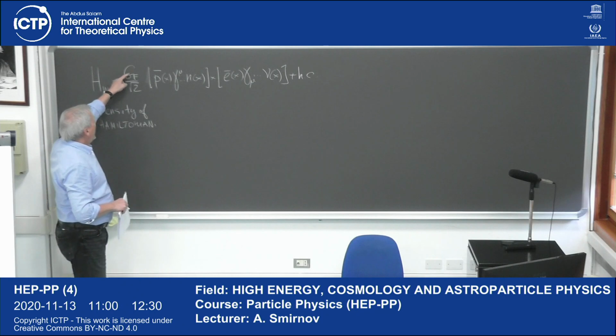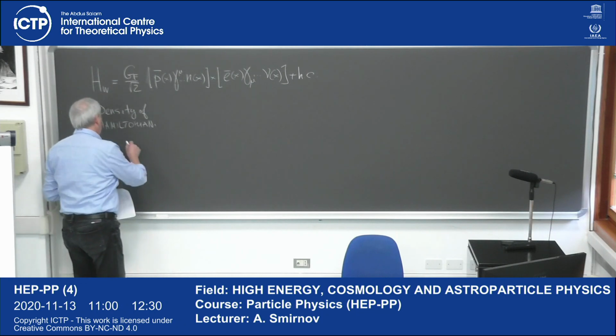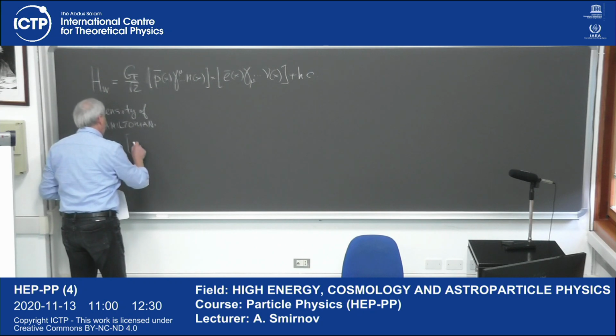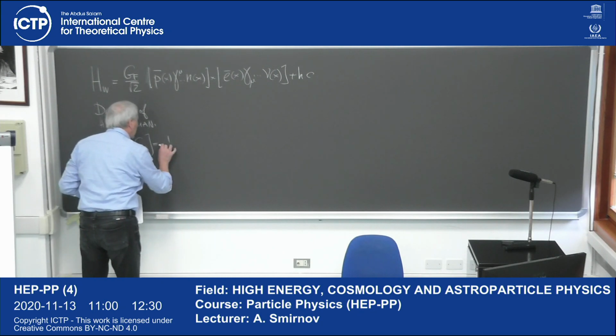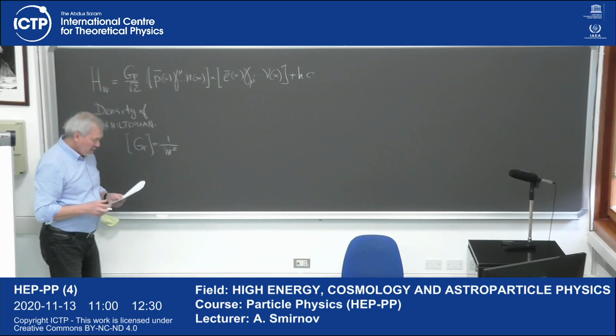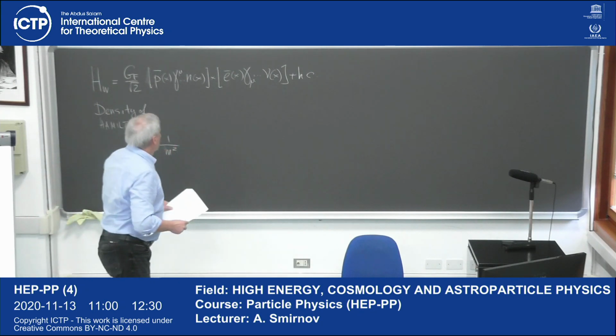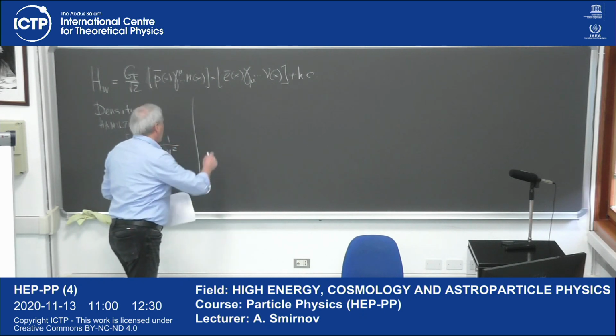And we discussed at the end of the last lecture what the dimension of G_F is. And we have established that the dimension of G_F is 1 over mass squared, or 1 over energy squared. What is the absolute value of G Fermi?